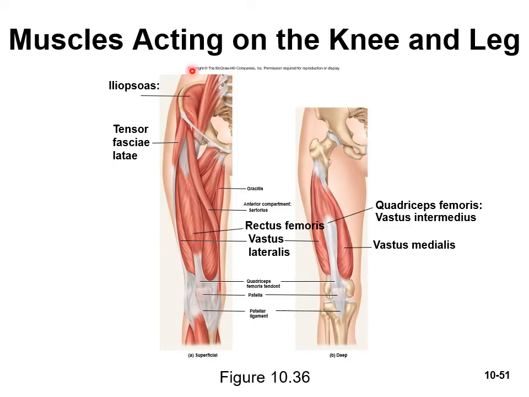So looking at these muscles here, you have the sartorius muscles, this long one here. The gracilis is just going to be your inner thigh muscle. And then the quadricep are these large muscles here. There are 4 heads to the quadricep. The rectus femoris is the one that's found right in the middle and on top. Then you have the vastus lateralis on the lateral side of the leg, the vastus medialis on the medial side of the leg.